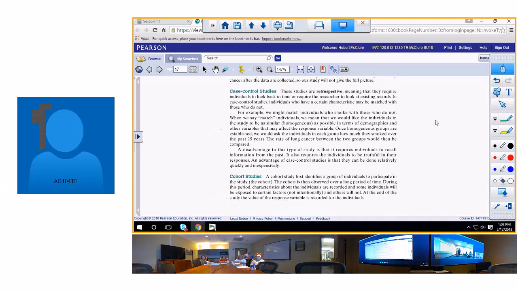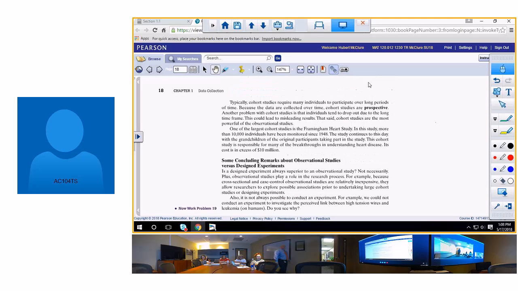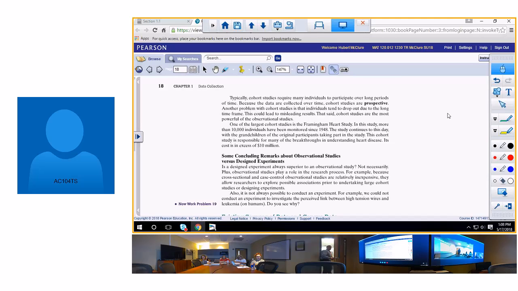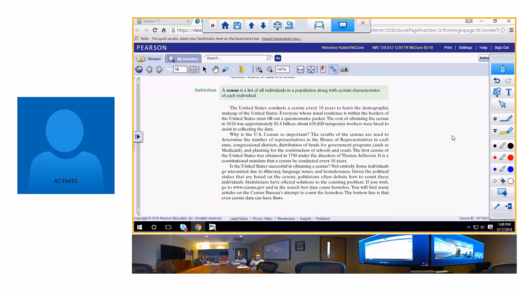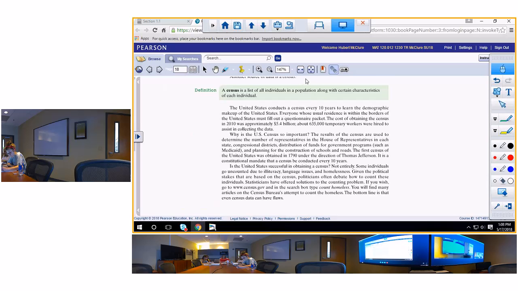Not going over that. The more we skip, the better until we get to the math. Okay, I'm not going to tell you what a census is, because most of you are above the age of 20, and you should know what a census is, considering that you've been through 2 of them within 20 years. So I'm not going to go over that, but that's what it is. You're not 20, are you?